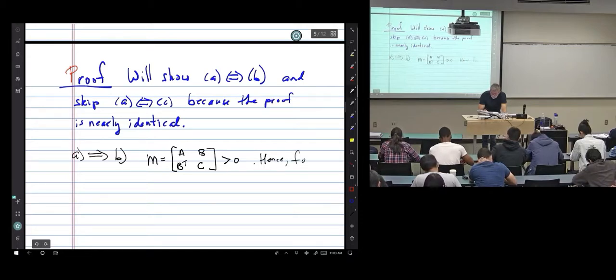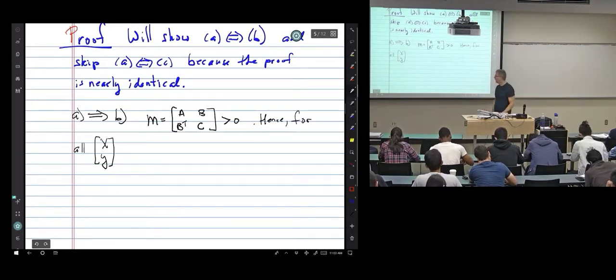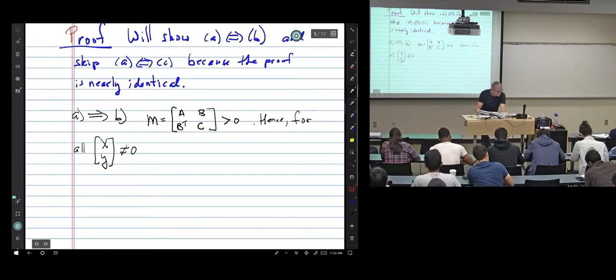Hence, I'm going to break my variables down and call them X and Y. And if you want to think of that once again as X like a state of a robot and Y like a measurement, I'll be super happy, but I don't care. Okay? Just assume this is not the zero vector.